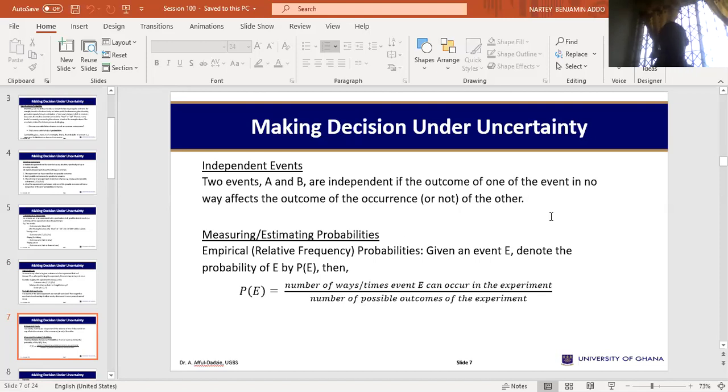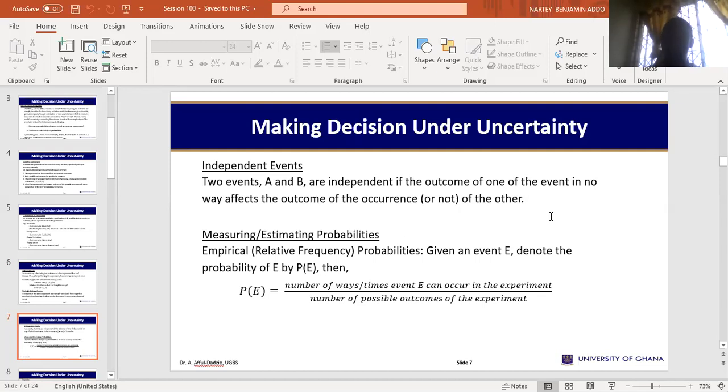For example, the probability of scoring an even number for a single toss of a die: there are 6 numbers on the die and 3 even numbers among the 6, that is 2, 4, and 6. The event of scoring an even number can occur 3 times, so that will give us 3 over 6.